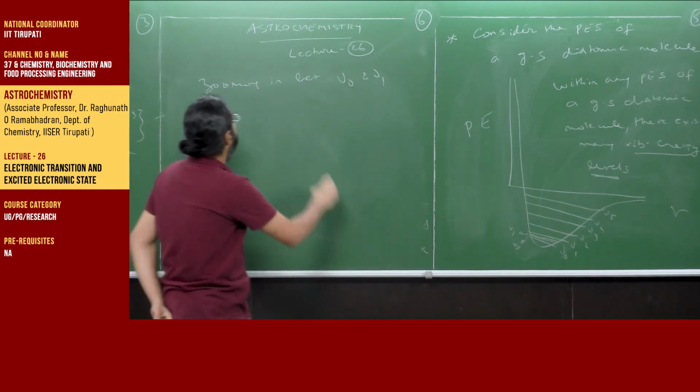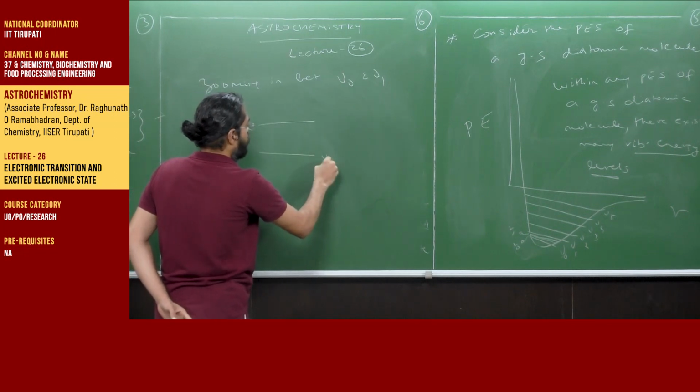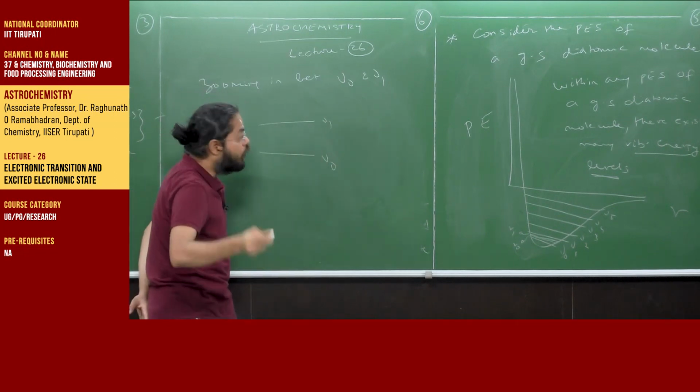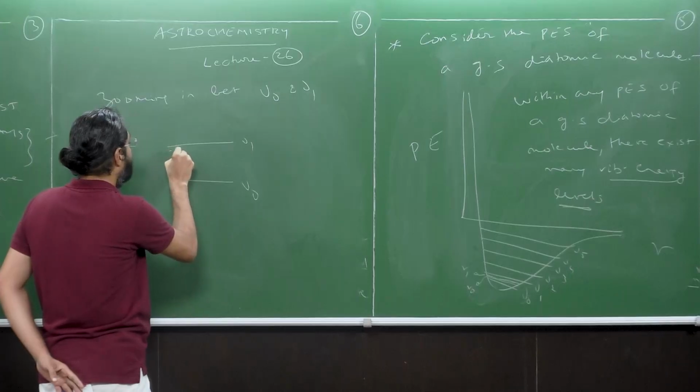All right. So zooming in between nu0 and nu1, there are going to be several rotational energy levels. I'm just going to indicate them with dotted lines here.